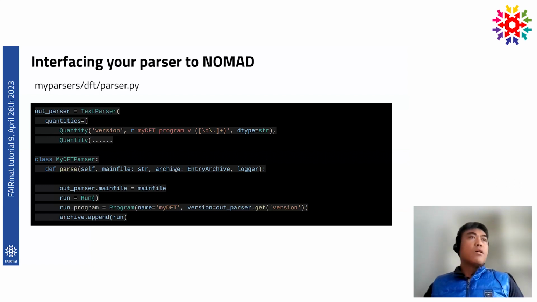Under this, you simply assign the main file as the main file of your parser, and then you create an instance of your schema, and then you assign values like this, getting the data from your out parser. For example, the version here is out parser get the name version. And again, don't forget to append the section that you have created into the proper section, in this case archive.